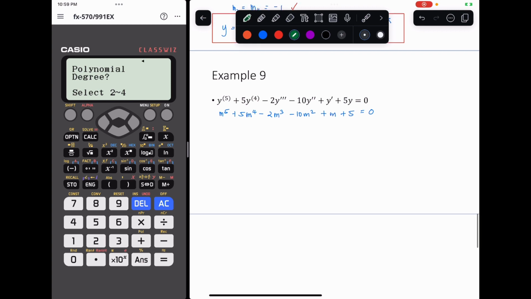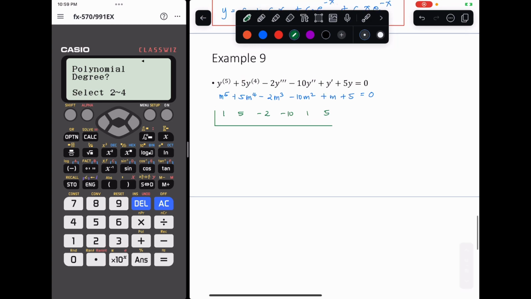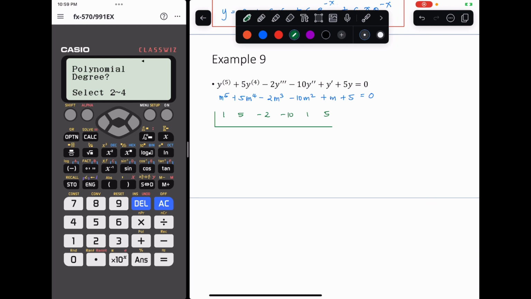So I'll write 1, 5, -2, -10, 1, and 5. Okay, so trial and error. Again, I'll start with 1.